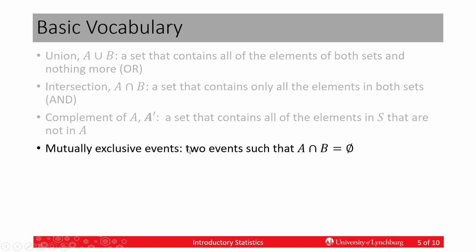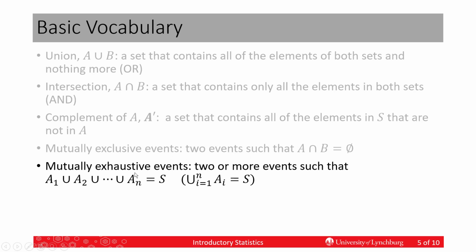Mutually exclusive events. The intersection of these two events is empty. They are disjoint or mutually exclusive. Mutually exhaustive events, there's 2 or more of these, where their union is equal to the whole sample space.